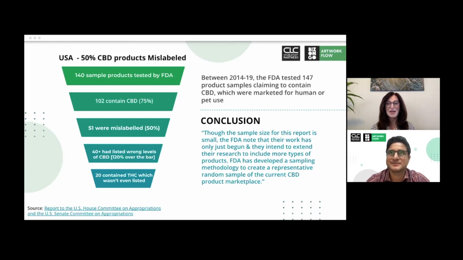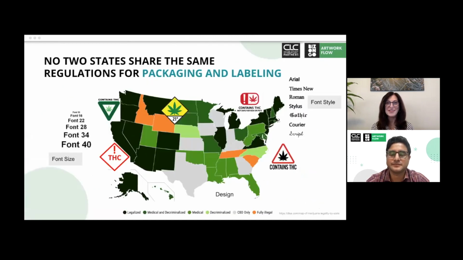Sure. So this slide here is meant to convey the chaos that exists for packaging and labeling in the U.S., because each state does choose to create its own laws. Again, some may be similar, but for example, in the category of health warnings, it would be unusual to find two that say exactly the same thing.